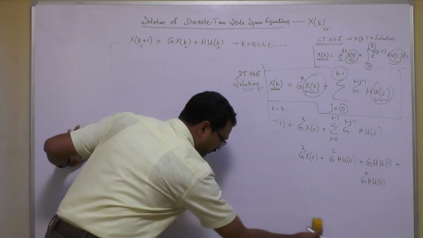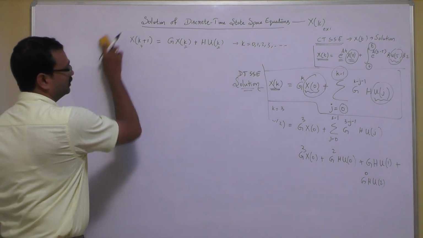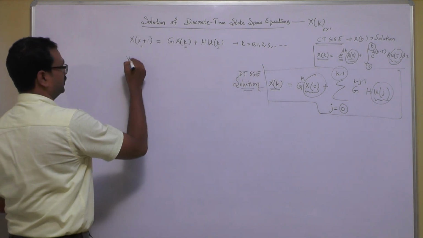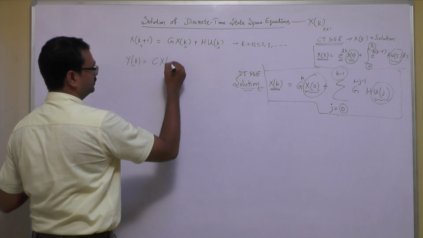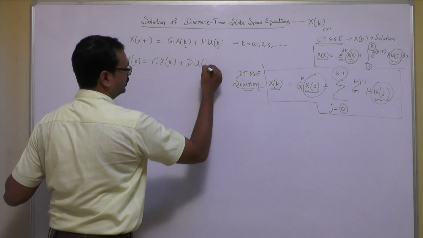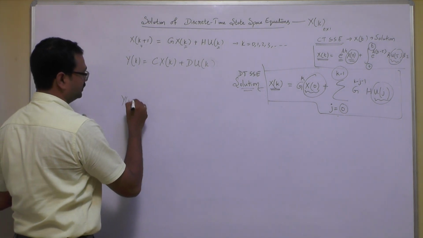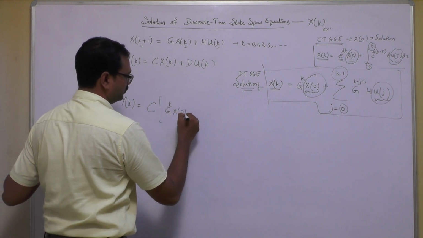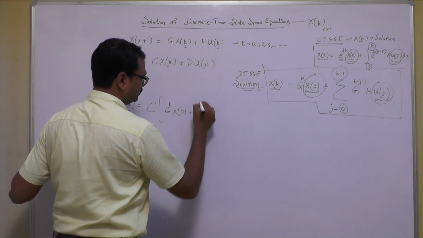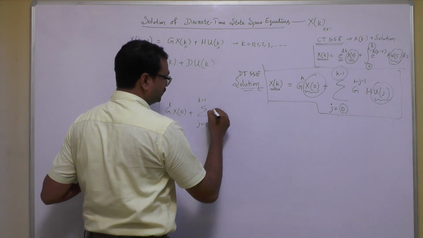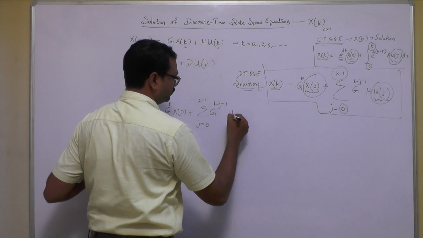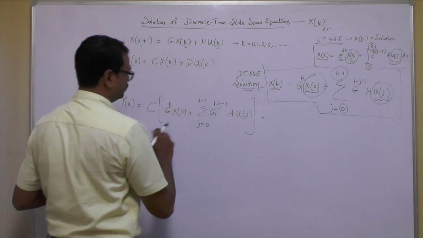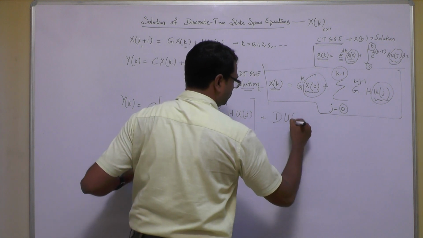Once we know the solution x of k, then automatically we will understand y of k, which is the output. We know that it is c into x of k plus d into u of k. That is, y of k can be obtained as c into g power k x0 plus sigma j is equal to 0 to k minus 1 g power k minus j minus 1 h u of j, plus d into u of k.